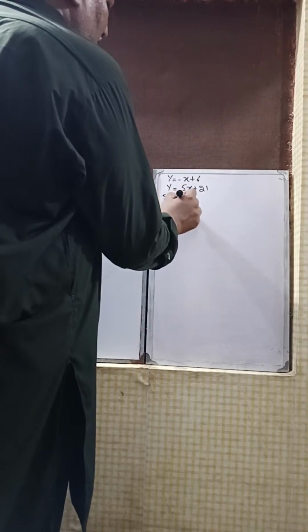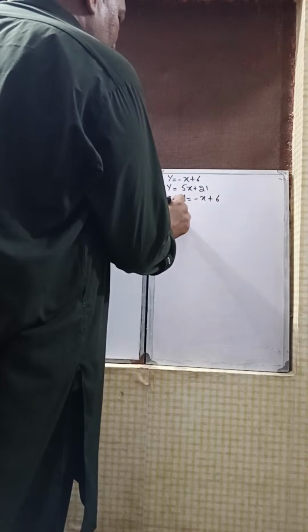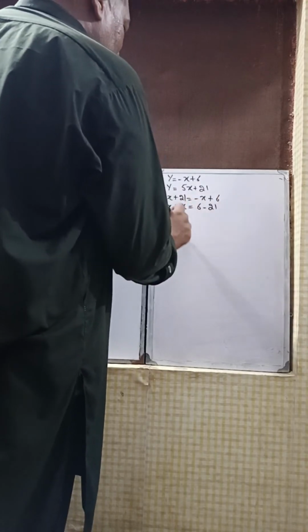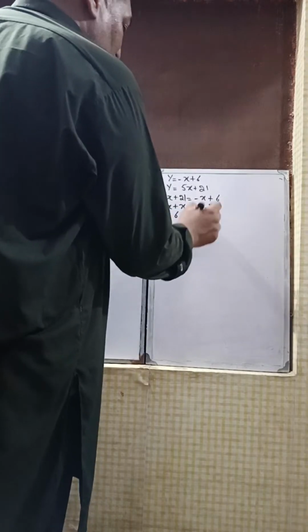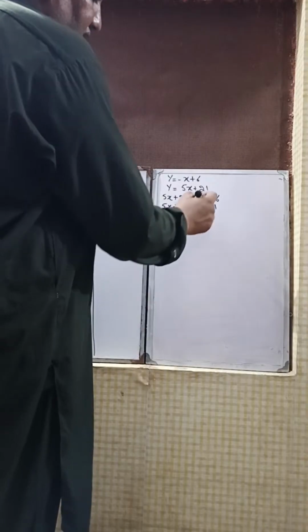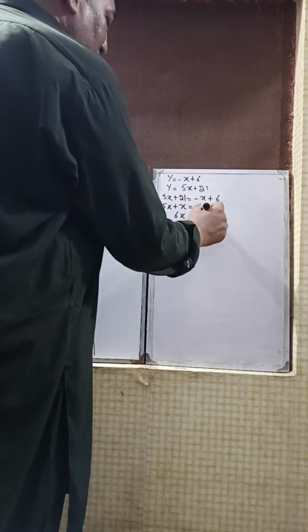So 5x plus 21 equals minus x plus 6. So 5x plus x equals 6 minus 21. This is 6x equals 6 minus 21, which is minus 15.